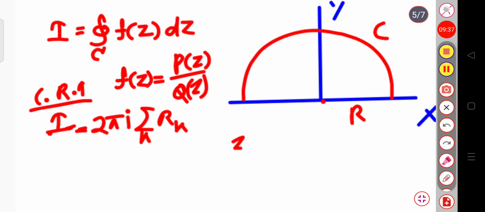At any point zk we are going to calculate, and this point zk is a singular point. Because this is the summation symbol, we are adding many points. These zk are the singular points in the upper half plane.